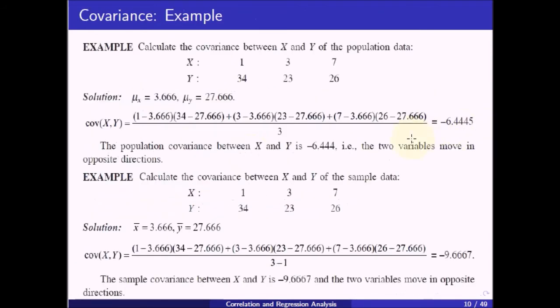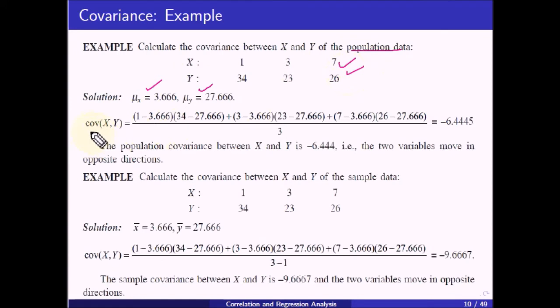Now we can see one simple example. Calculate the covariance of x and y of the population data. So x is 1, 3, 7 and y is 34, 23 and 26. First of all, you have to calculate mu x and mu y, that is the mean of x and the mean of y.